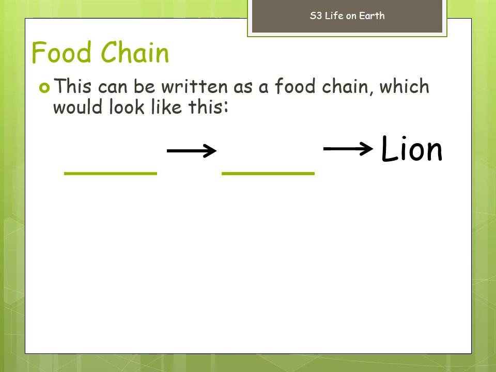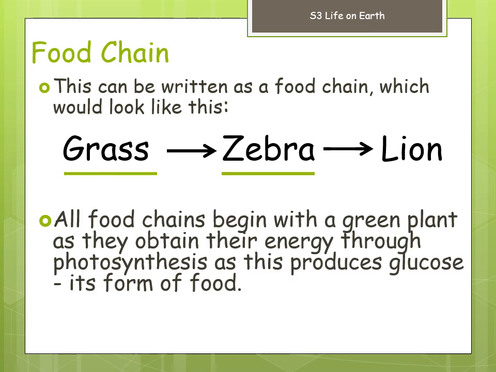So as we've discussed, grass passes on energy to the zebra, which passes on energy to the lion. All food chains begin with a green plant because they get their energy from photosynthesis. This produces glucose, its form of food, which then is eaten by the zebra, and the lion eats the zebra.